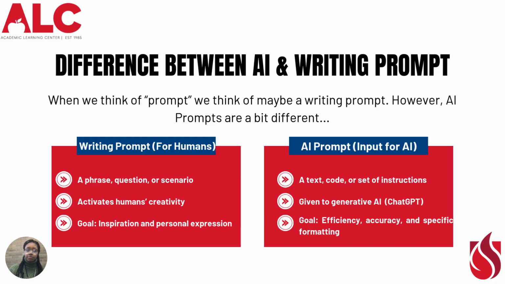Whereas an AI prompt, which is the input for AI, is a text, a code, or a set of directions given to a generative AI, like ChatGPT. The goal of it is efficiency, accuracy, and specific formatting. So those are the differences. When we say we're going to use an AI prompt, we're not thinking of a writing prompt, but more of an input.